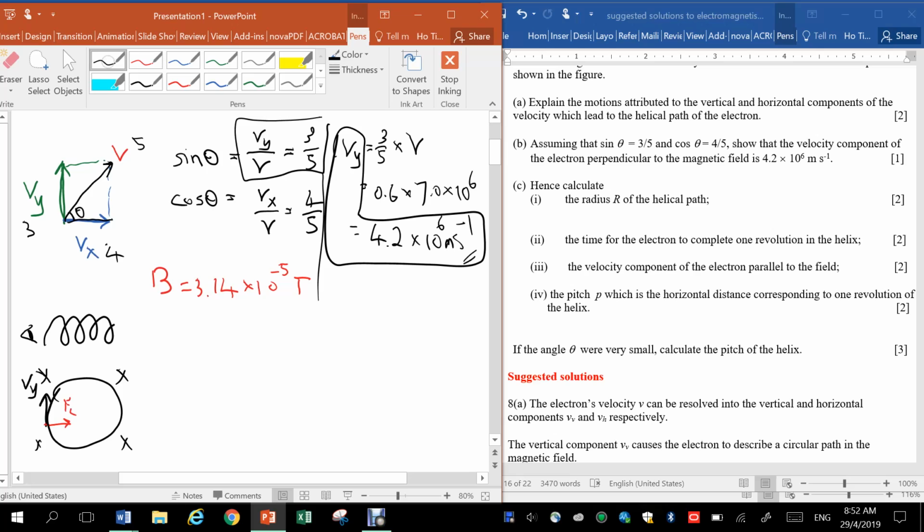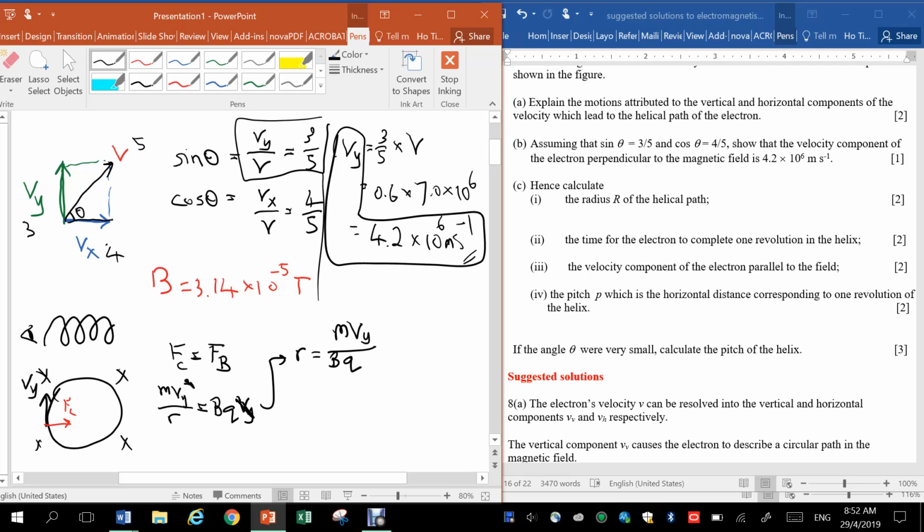The centripetal force is provided by the force due to the magnetic field. So m Vy squared over r equals BqVy. Then we cancel this out and rearrange, so r equals m Vy over Bq.